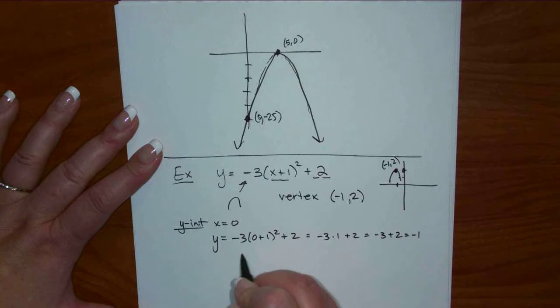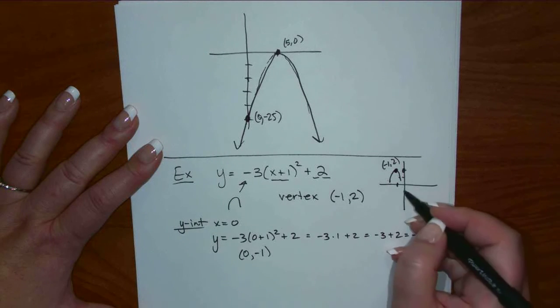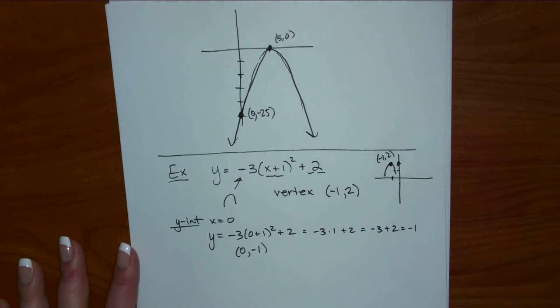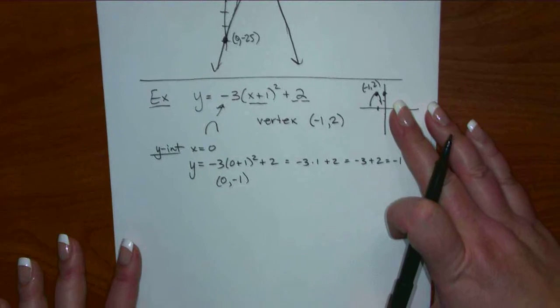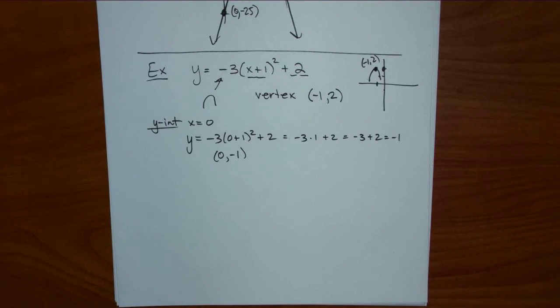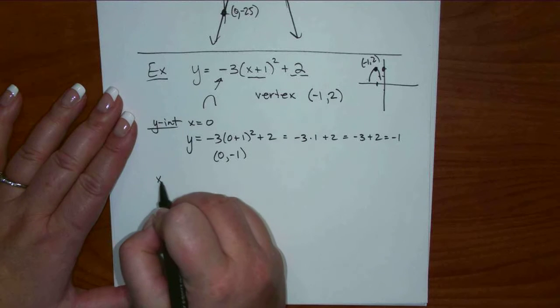So 0 minus 1. So it's going to be down here. Okay. So we need to expand that all to find the X-intercept.